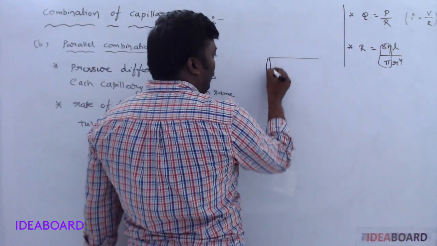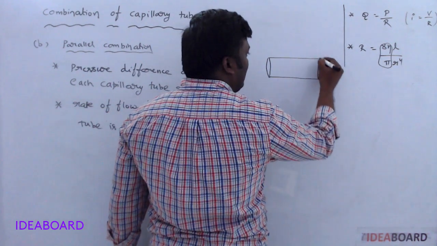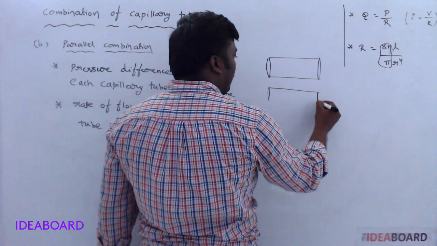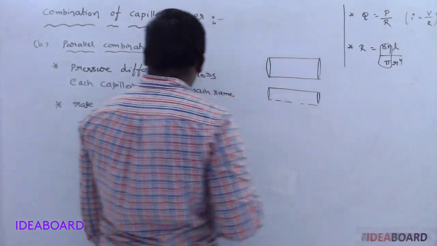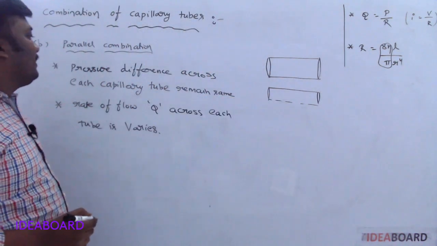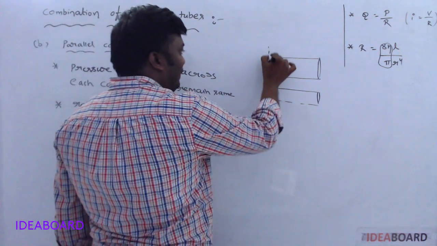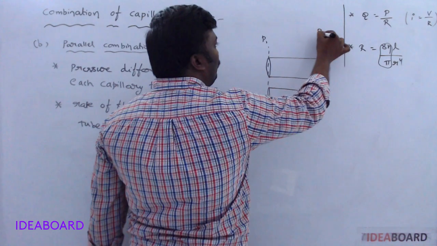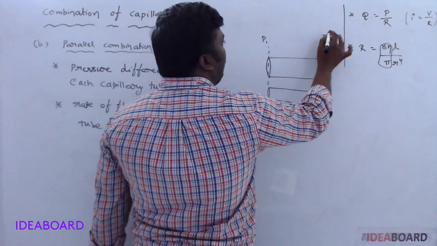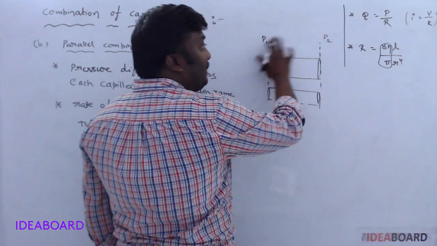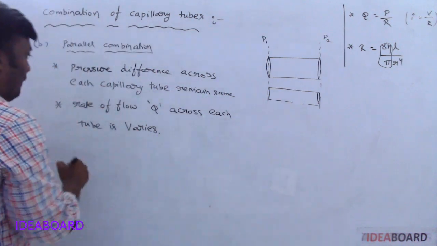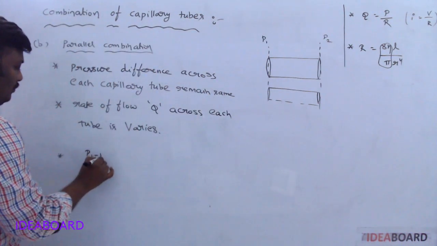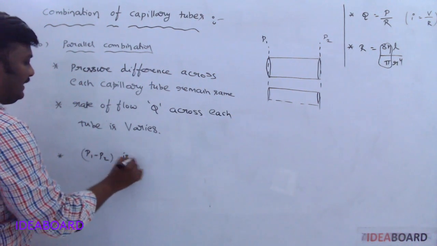I am considering one capillary tube like this, another capillary tube like this. What he said, the pressure difference across each capillary tube remains the same. Means here it is taken as P1, here P2, then the pressure difference P1 minus P2 is the same.